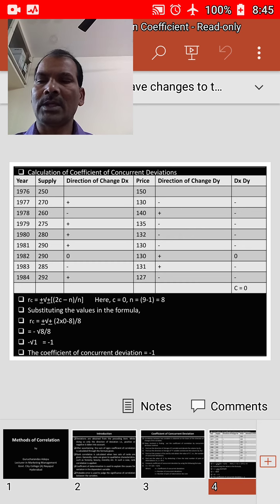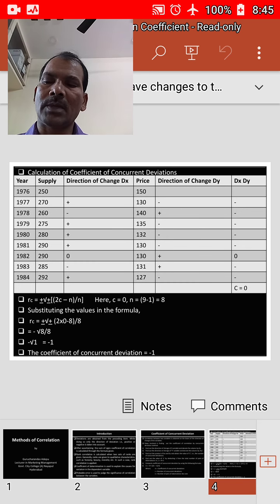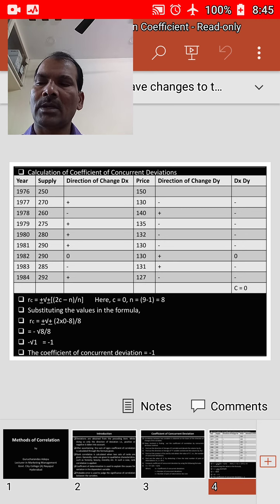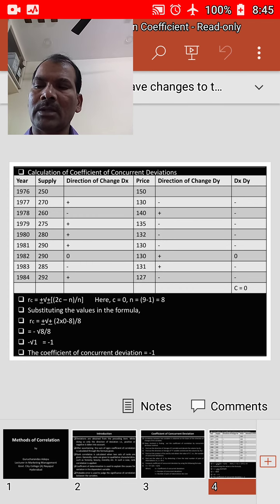Substituting these values in the given formula, rc is equal to plus or minus under root plus or minus (2C minus n) by n. We got the C value as 0, minus 8 by 8. As we got all the minuses, we put minus under root 8 by 8.